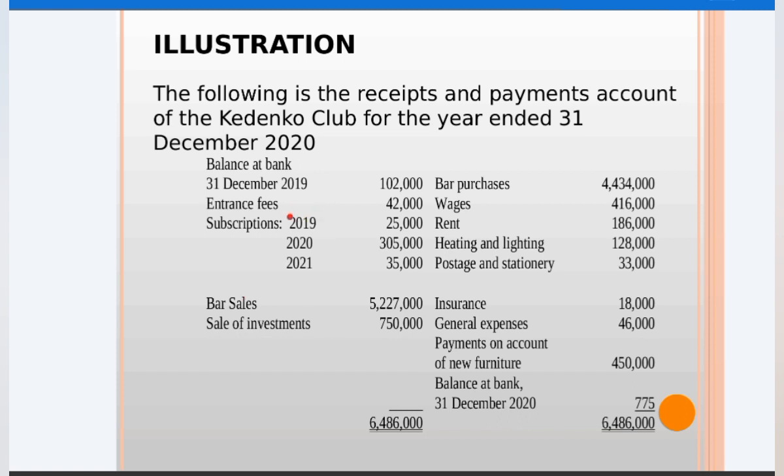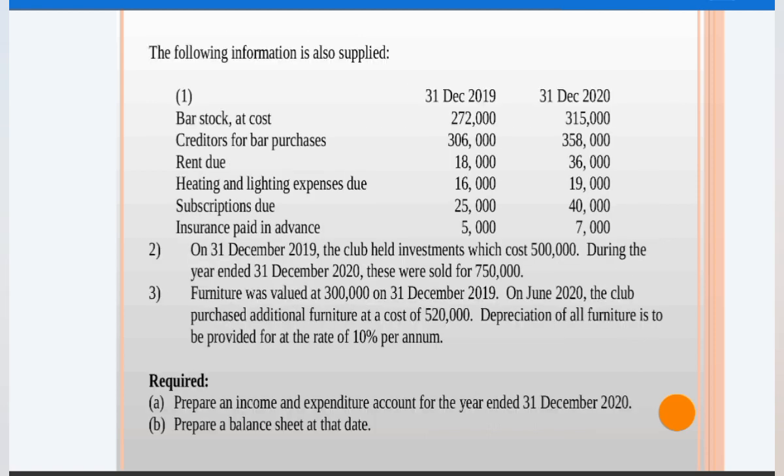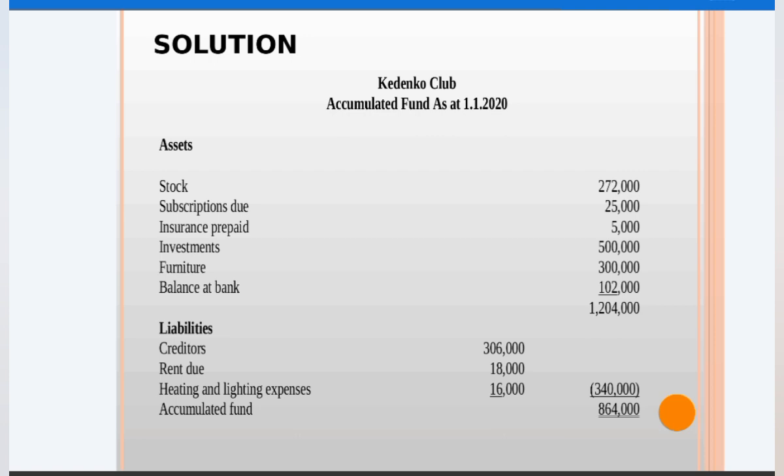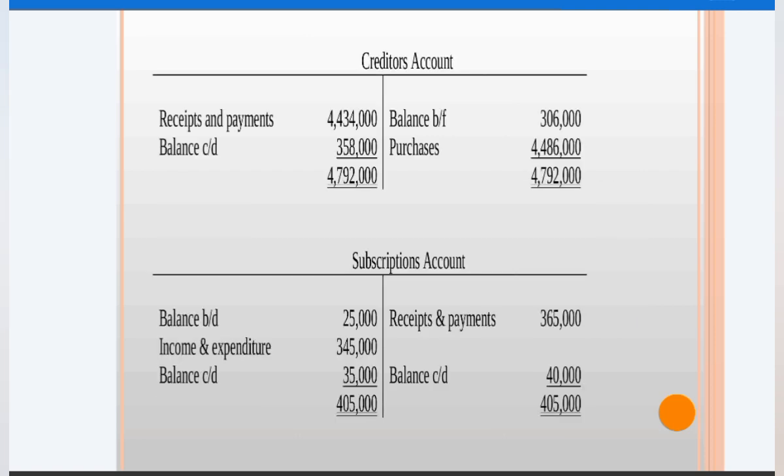Since we have subscriptions for 2019, 2020, and 2021, we have to determine the actual amount of subscriptions that belong to 2020. So we prepare the creditors account to determine the actual purchases and the subscriptions account to determine the subscriptions for 2020.